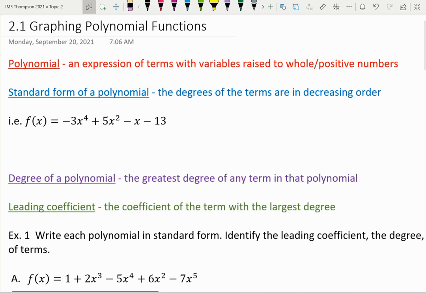The standard form of a polynomial is when the degrees of the terms are in decreasing order. So let's talk about what that means. The degree of the term is determined by the sum of the exponents on the variables.